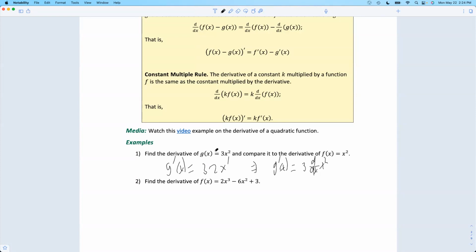So that 3 just comes along for the ride because that's a constant. And then derivative of x squared, bring the 2 down. That 2 decreases by 1. Either way, we just get 6x.